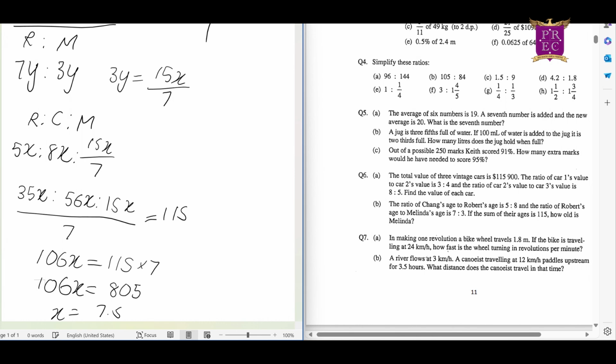We'll just see what we get. Which is the same as 105 divided by 106, 805 divided by 106. Let's just quickly do that.